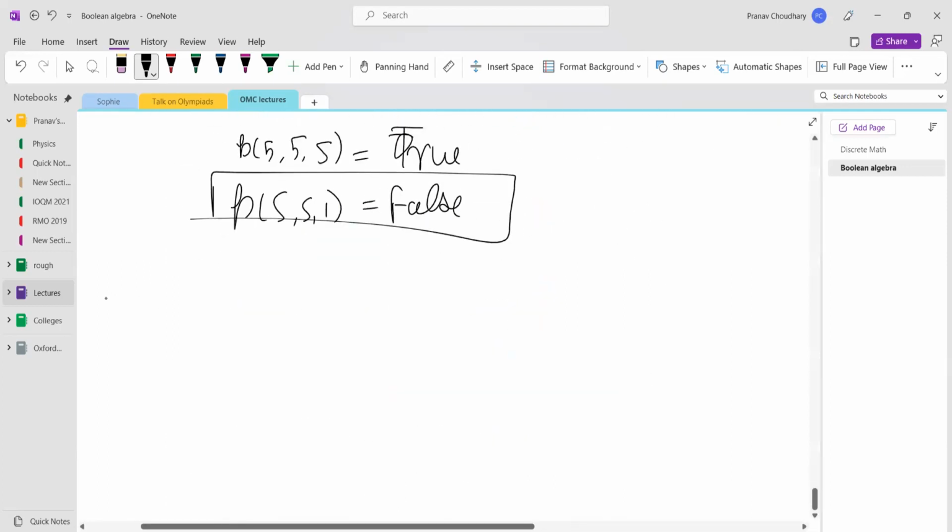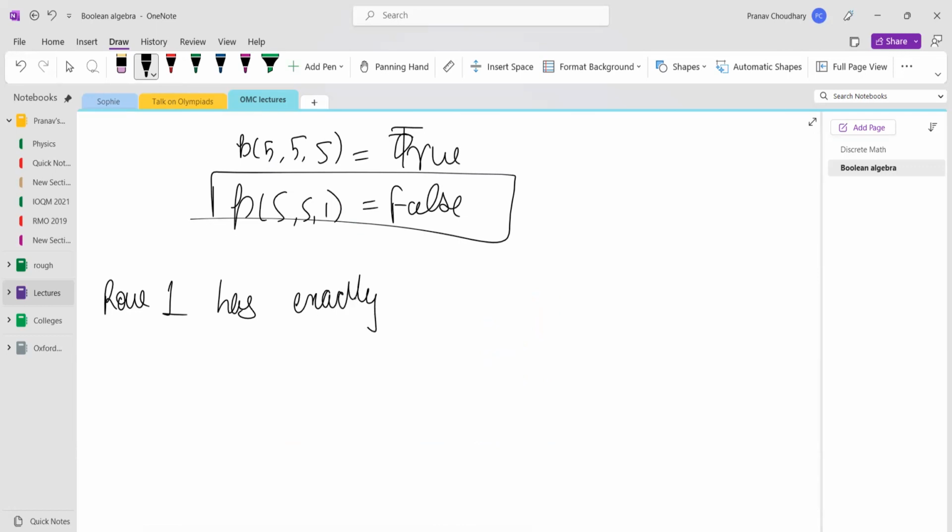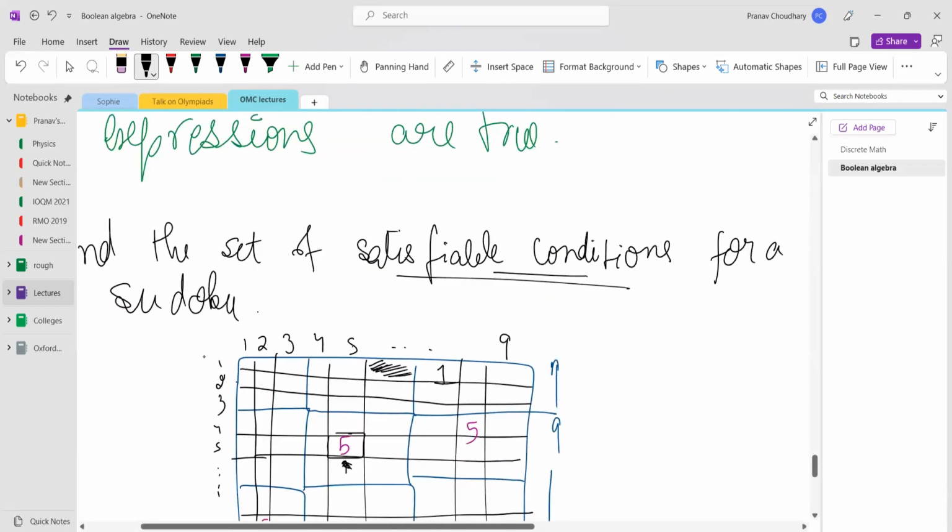How can we write this condition? Row 1 has exactly one of 1, 2, 3, until 9. This is basically like saying I go over all the columns in row 1 one by one.